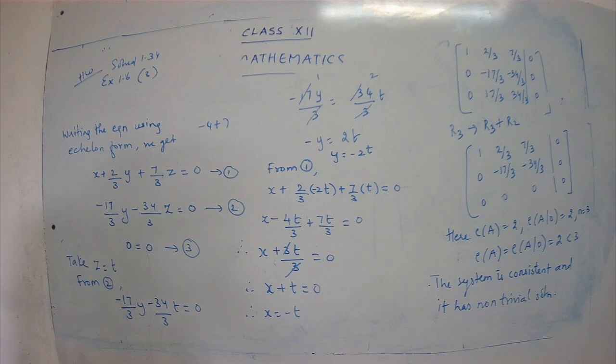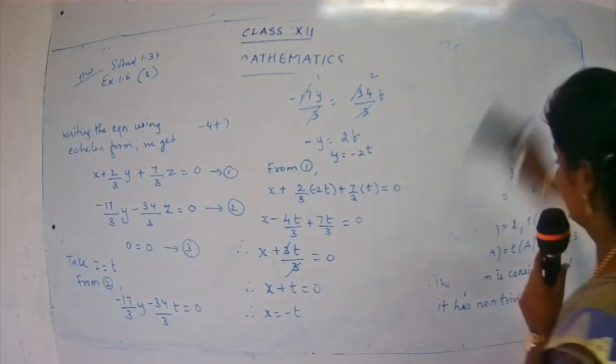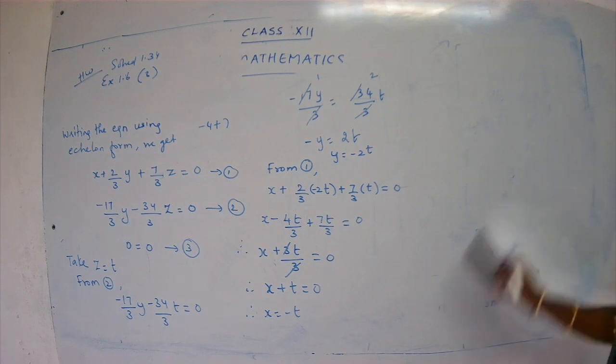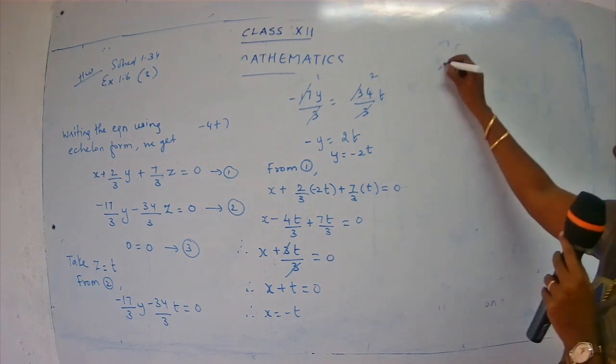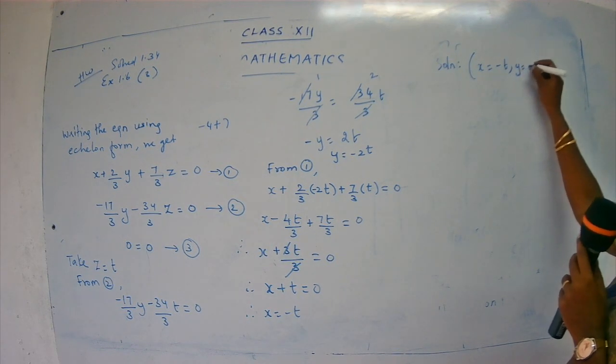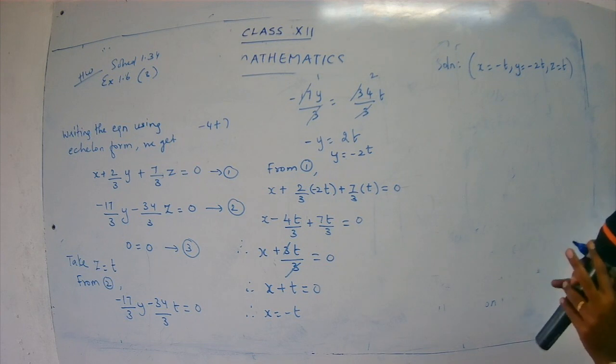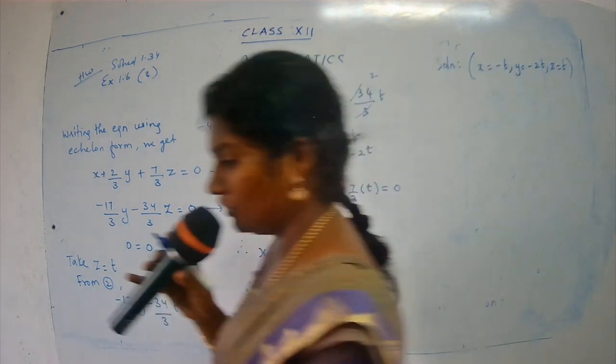So let's write the final statement. So what is the solution? Write down the solution over here. Solution: x is equal to minus t, y is equal to minus 2t and z is equal to t. And it has a 1 parameter family of solutions.